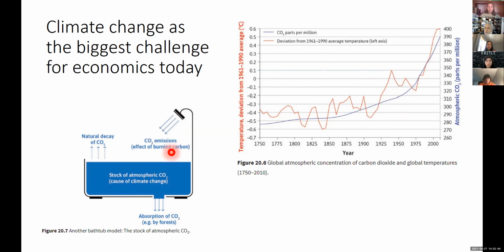In particular, the absorption of CO2 and the natural decay of CO2 probably don't have much of a relationship with energy. But still, energy production and consumption is a major contribution, for moving our cars, heating our homes, lighting. Even now, you have probably heard that cryptocurrencies are one of the biggest energy consumers in the world.